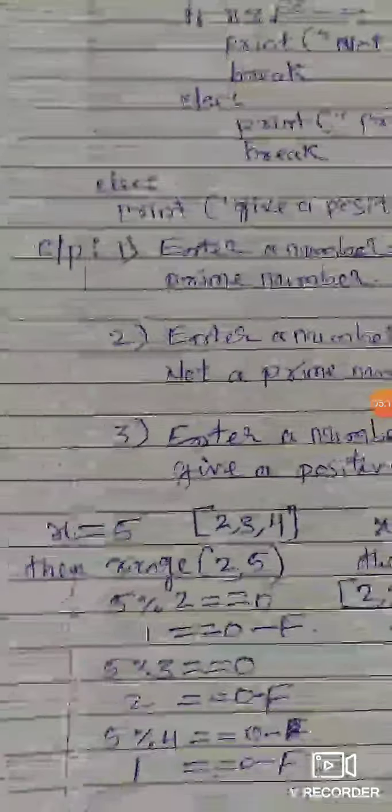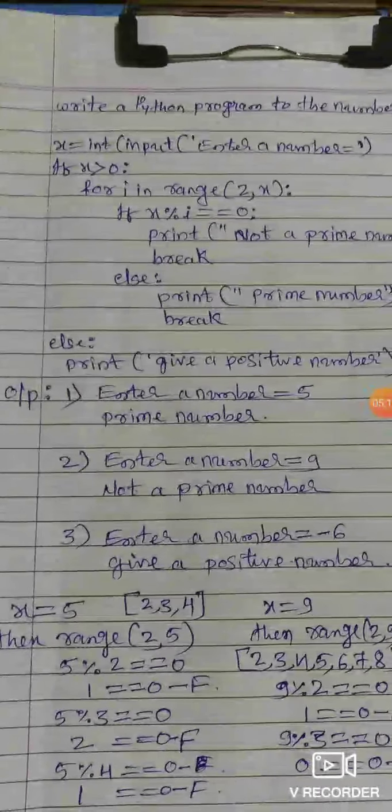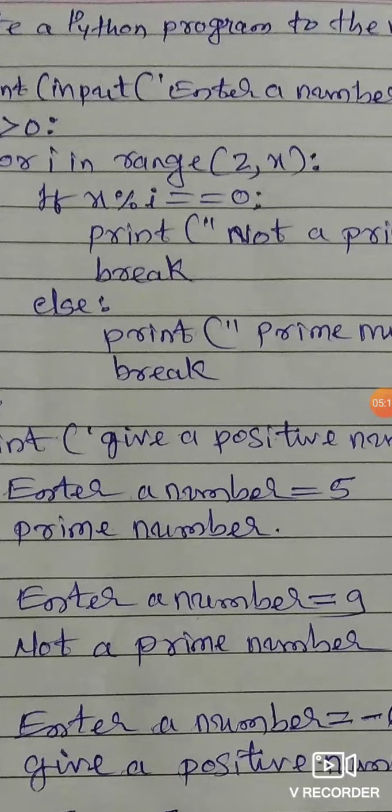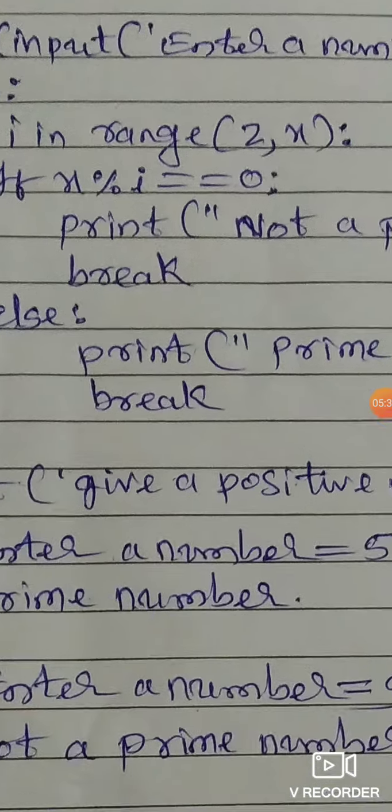So all the range values are false. So if all the values are false, then ultimately it goes to the else part.